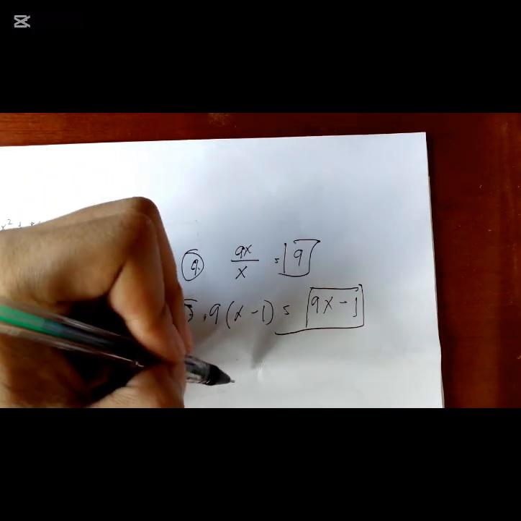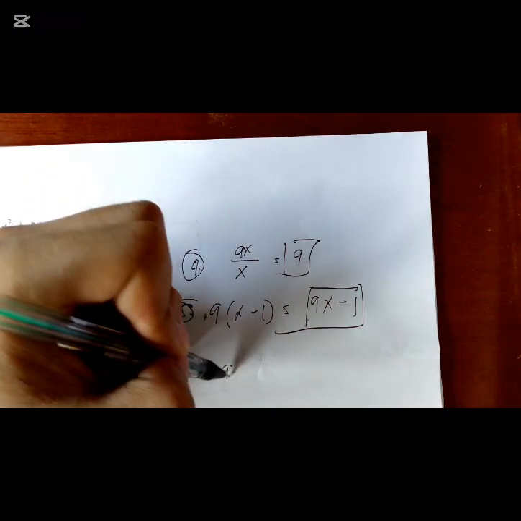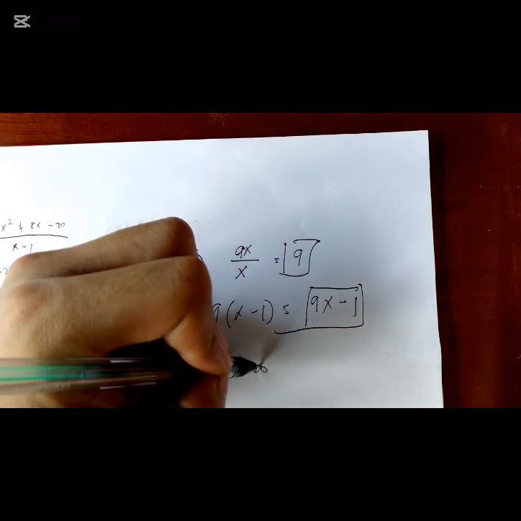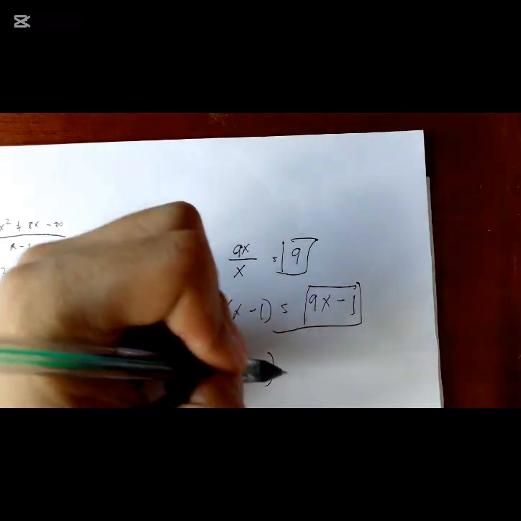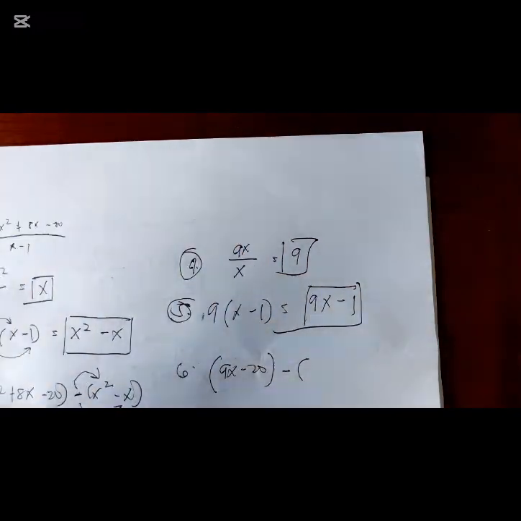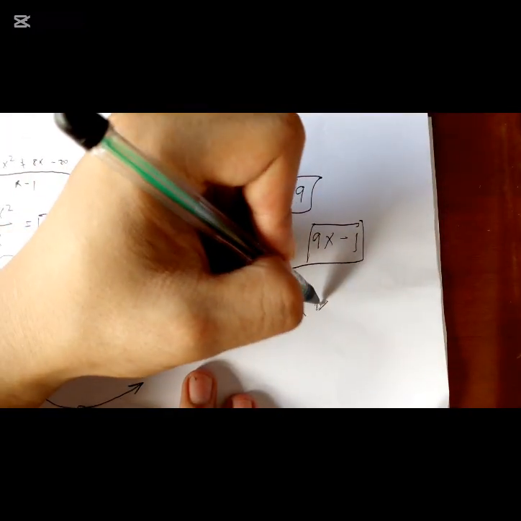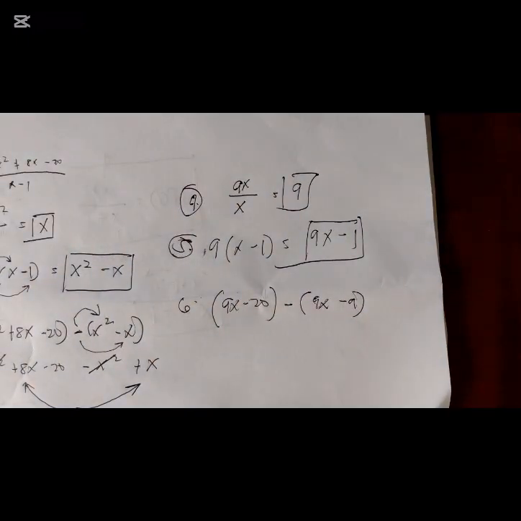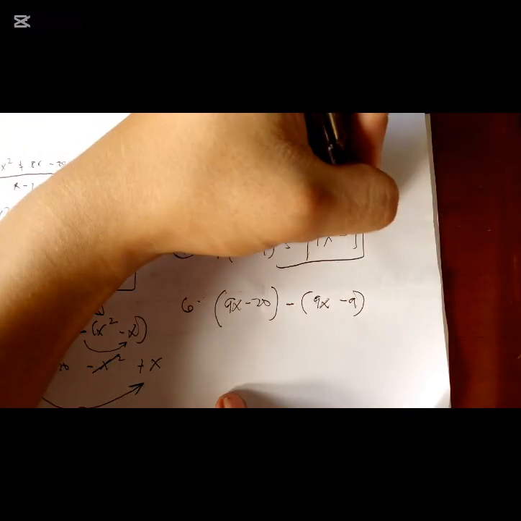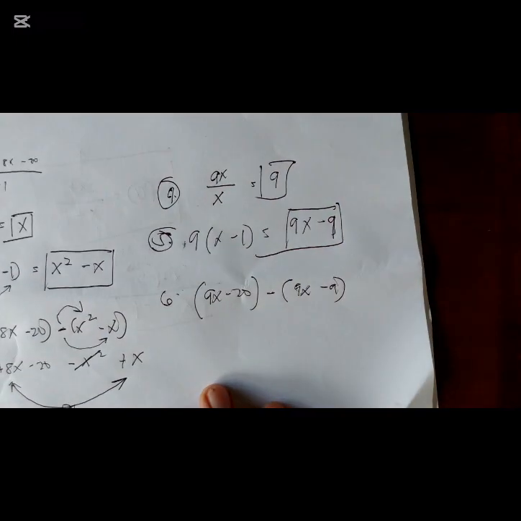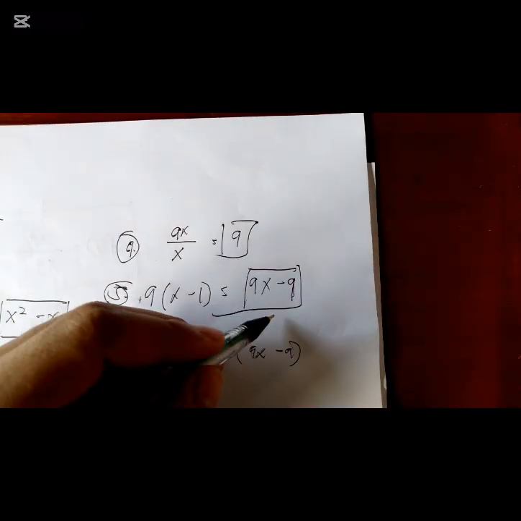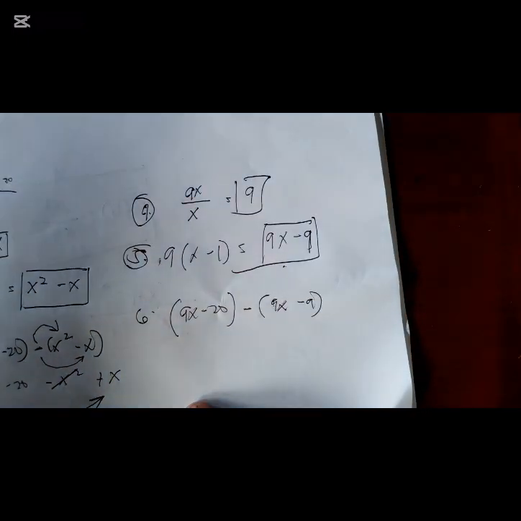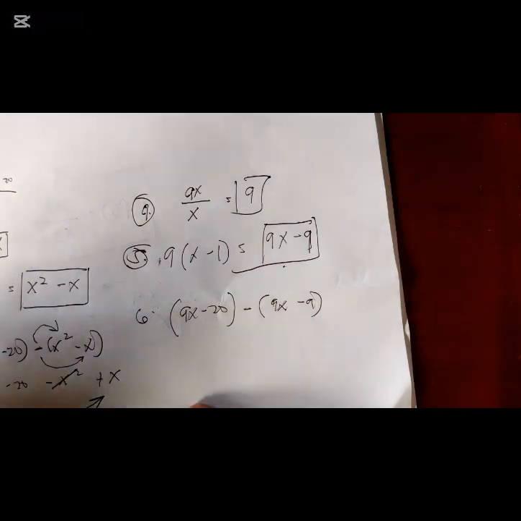And then subtract again. So therefore, there is 9x minus 20 minus 9x minus 9. We subtract the 9x minus 9 from the new polynomial.